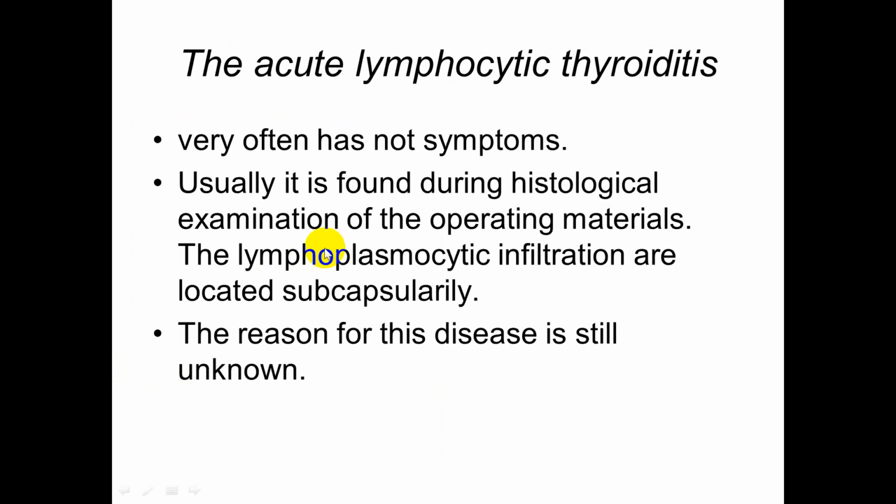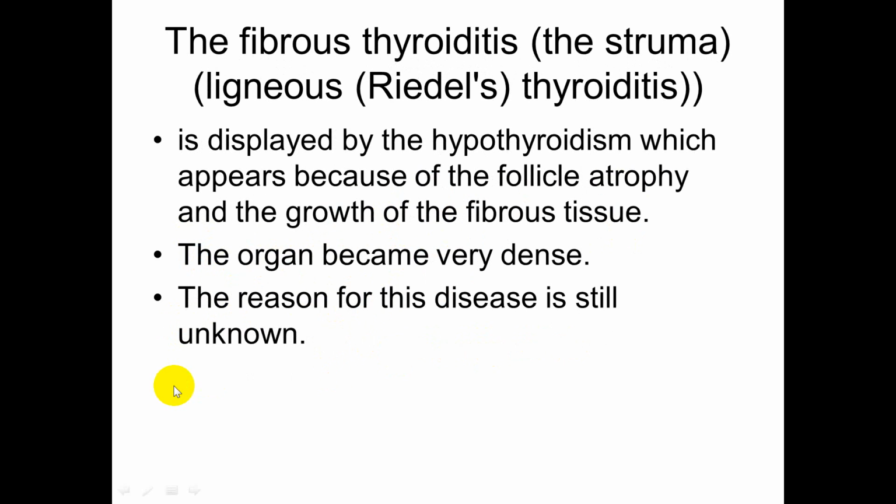Acute lymphocytic thyroiditis very often has no symptoms. Usually it is found during histological examination of operating material. The lymphoplasmacytic infiltrates are located subcapsularly. The reason for this disease is still unknown.